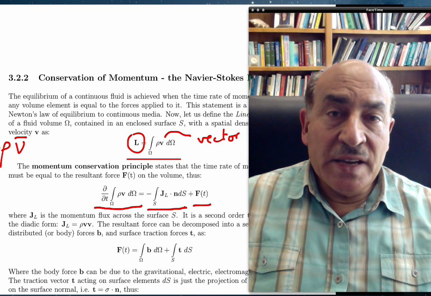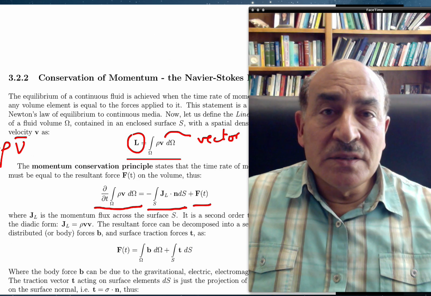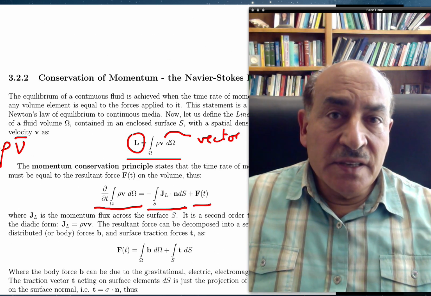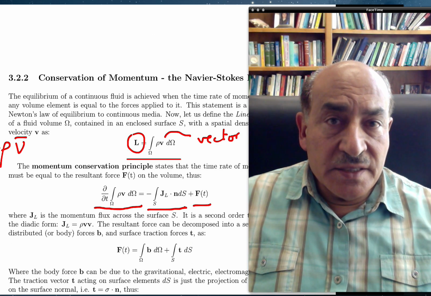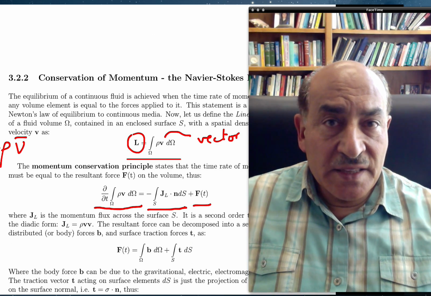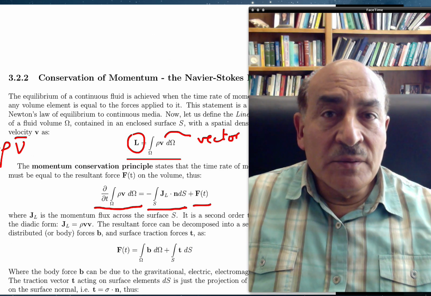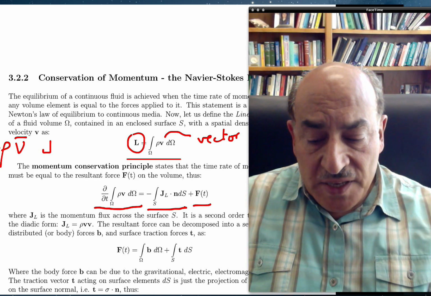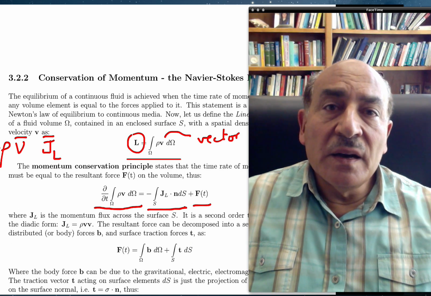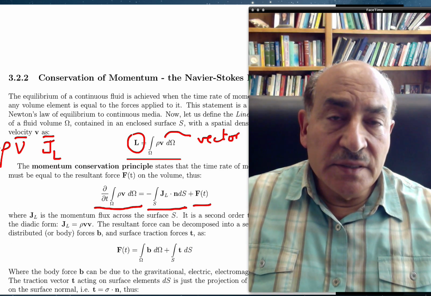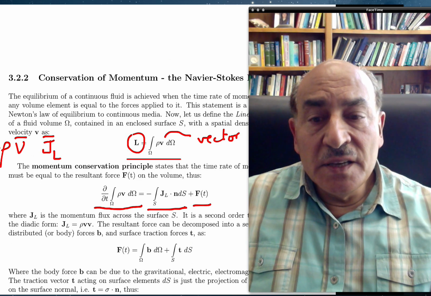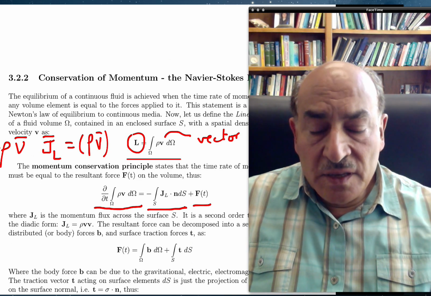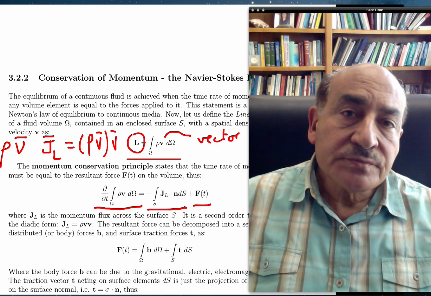So the velocity is a vector, so the flux is also a vector. Now, instead of having the density as a scalar, we're transporting not the density, but the momentum, which is rho times v. So we're going to define here J_L, which is a quantity that describes the flux, and is basically transporting rho v with the velocity v.